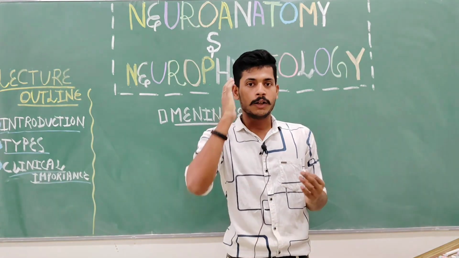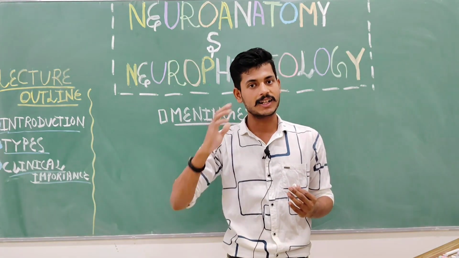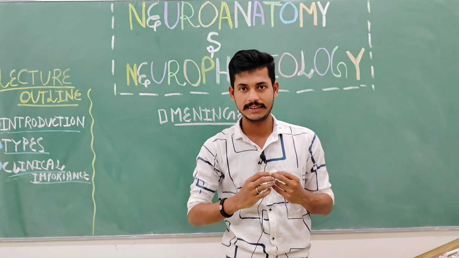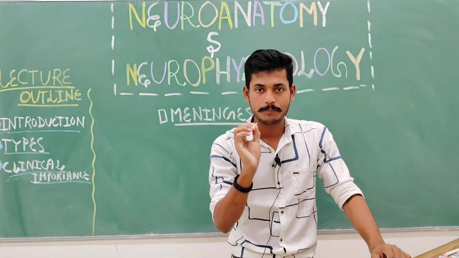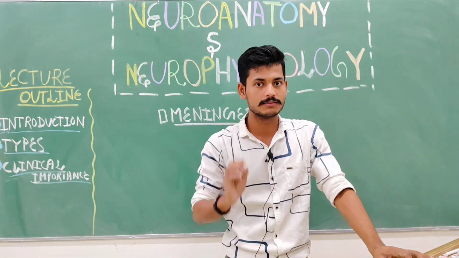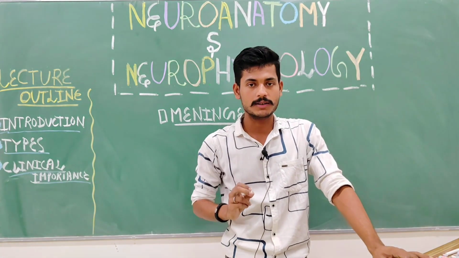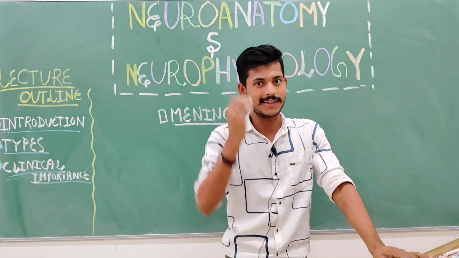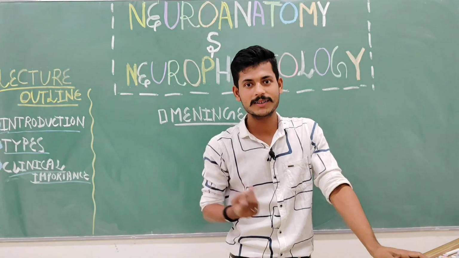Your nervous system, as we said, is the main control and command organ, isn't it? It means its protection has a great role, a paramount importance. Those who created this body, we call it God.